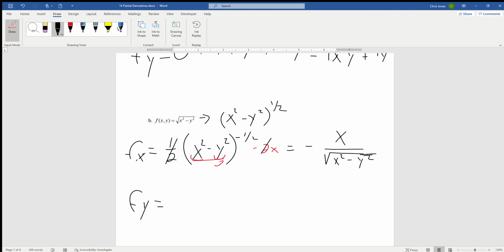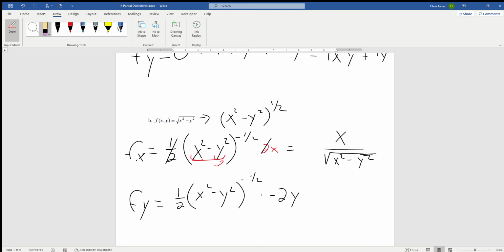F sub y. We're going to get almost the exact same derivative. So 1/2 x squared minus y squared to the minus 1/2. And then we're going to multiply that by the derivative of the interior function, which is going to be negative 2y. And I must apologize. Up here, I thought that this was a negative symbol.